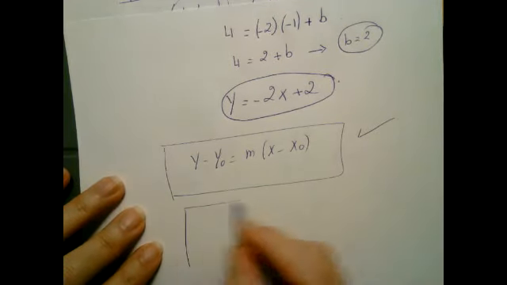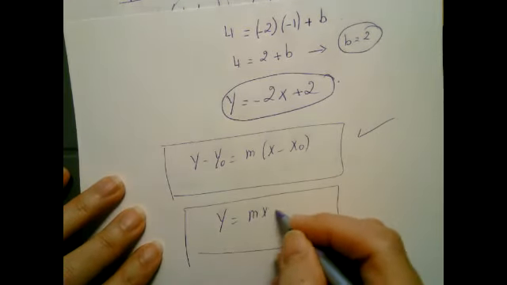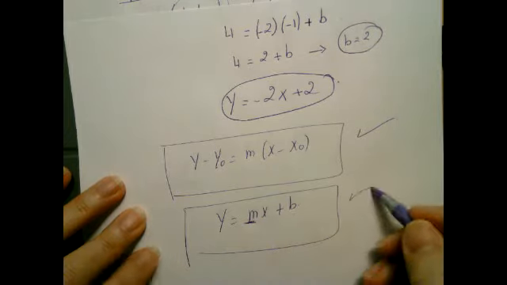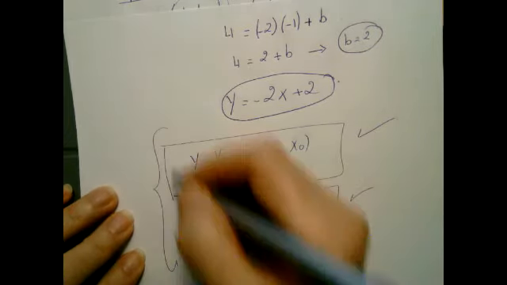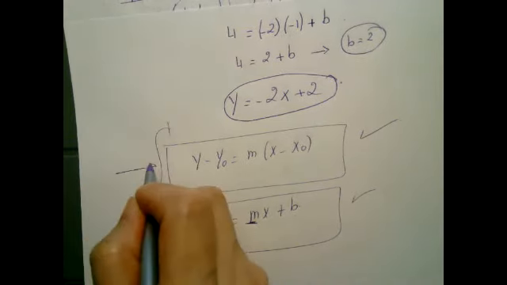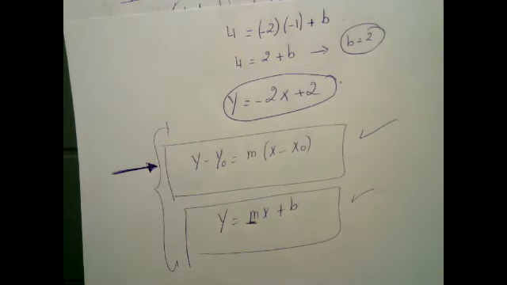The other way is we start with this form. We find the m, which is usually either given or can be found from enough info. Once I have the m, I find the b. So we can use either possibility to find the equation of the line. Usually in calculus, we start using this one more. I would like you to know both of them for next time.